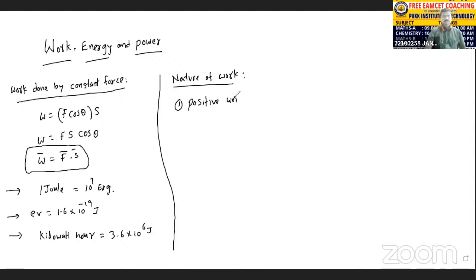First one, positive work. Second one, negative work. Third one, zero work.